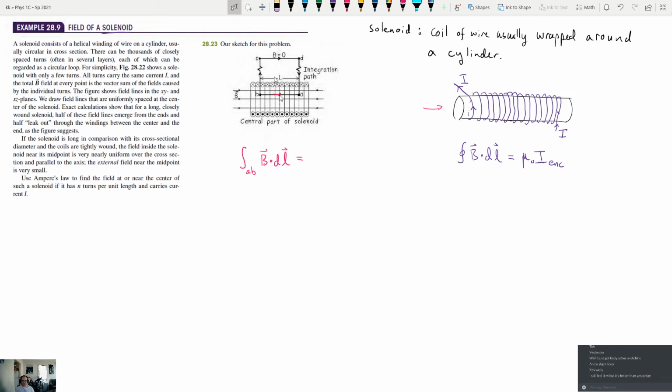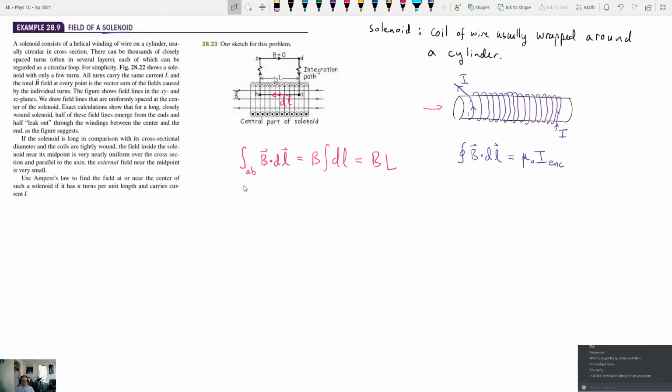So dl would be this way, which means we can pull the B out, because it's uniform too. We're basically just going to be doing the integral of dl, which is going to be equal to B times however long this is. It's L, right? So it's going to be B times L.